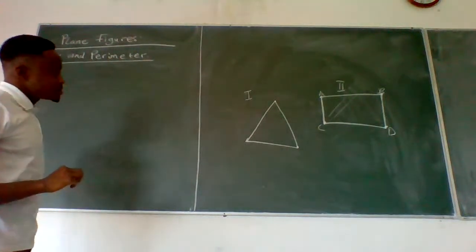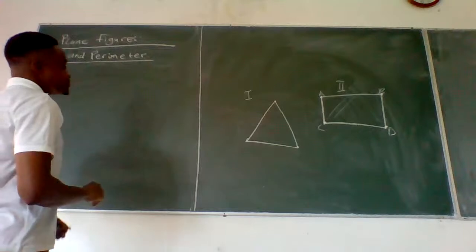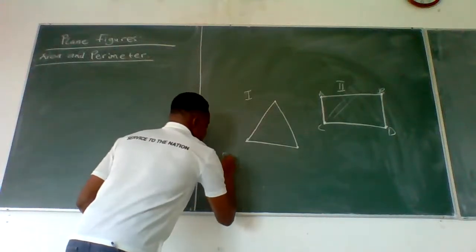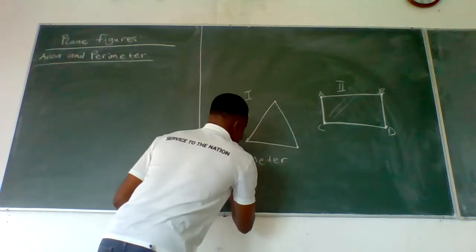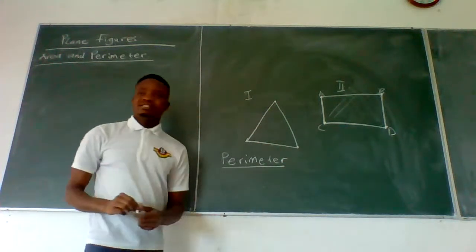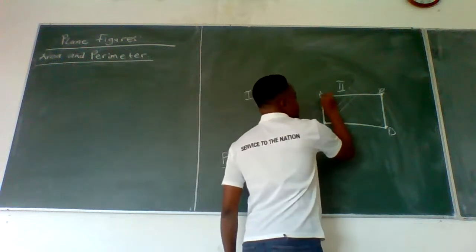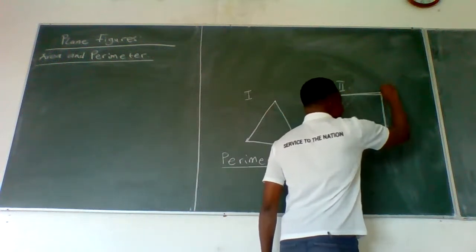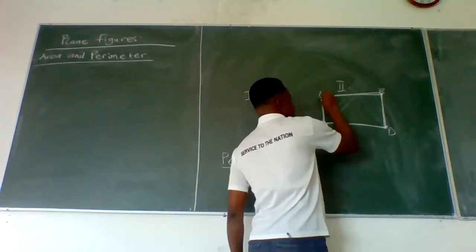When we talk of perimeter, it is just like standing at this point and walking from here to here, and here to here, then here to here.